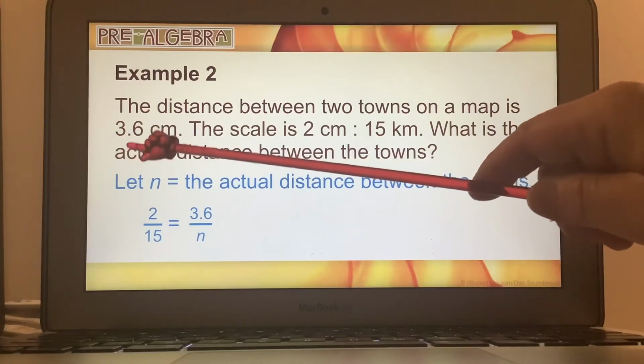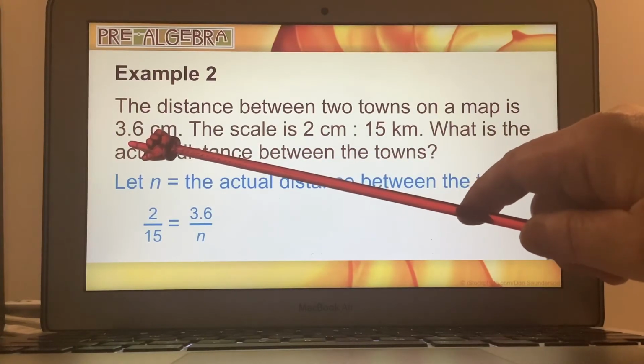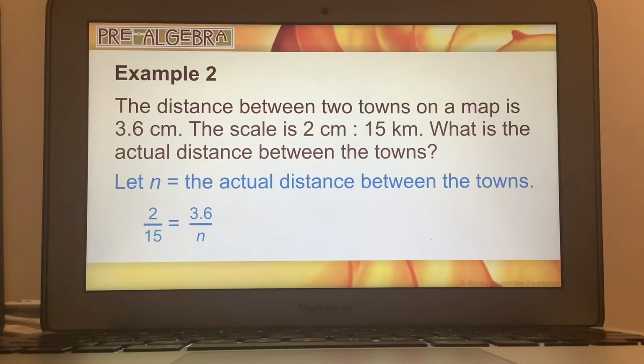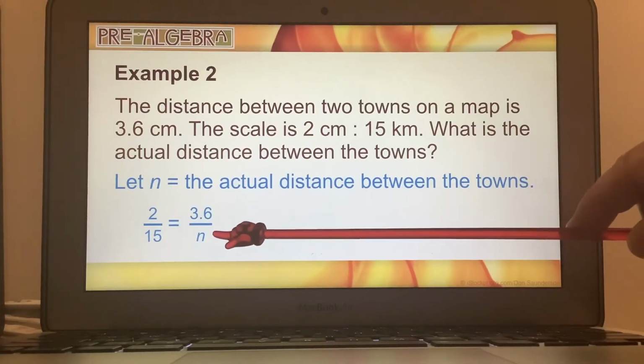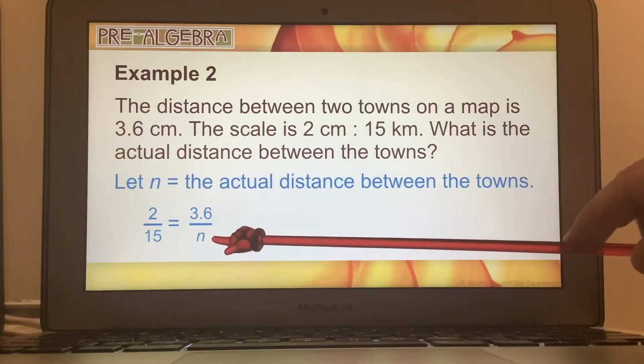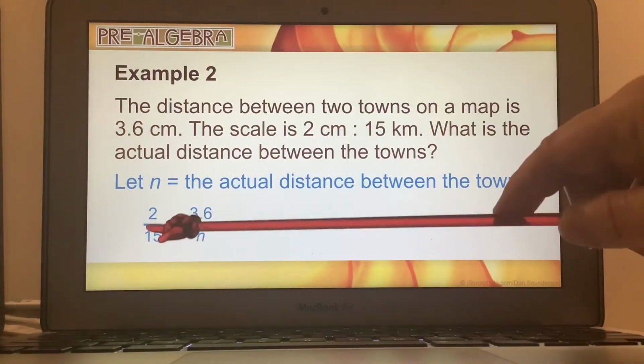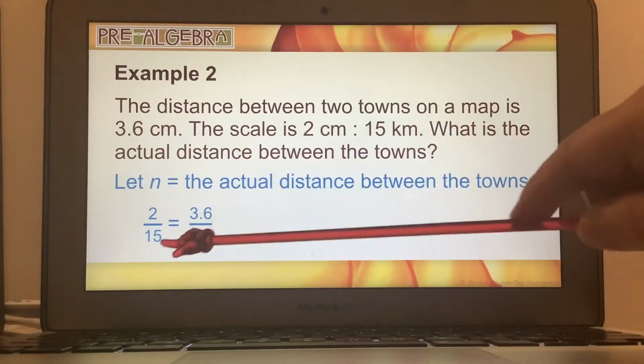On the map, the distance between the two towns is 3.6 centimeters. But now we need to find the actual distance between the two towns. And that's going to be on the bottom of the fraction, which is where the 15 kilometers is as well.